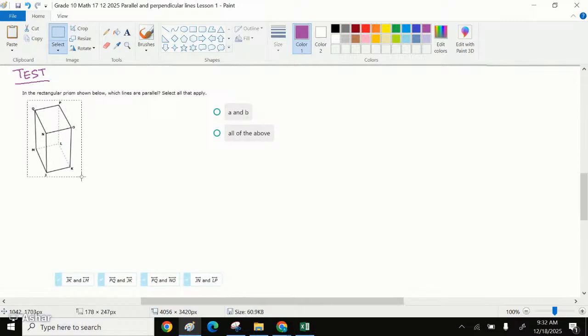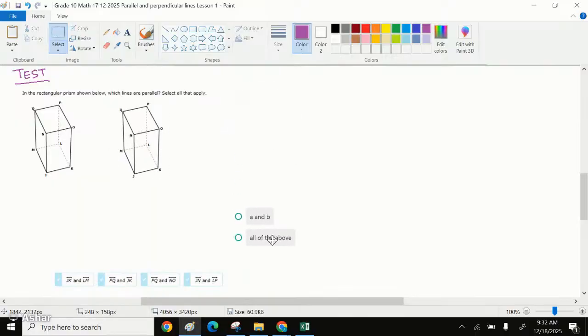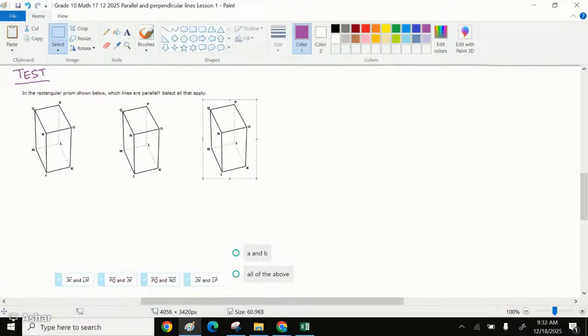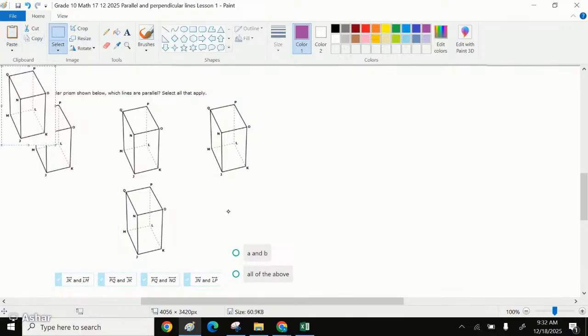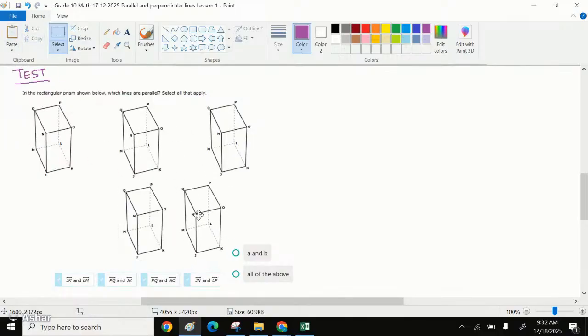If this is the main diagram given to us, let's try to make some copies of it so that we can reuse it. Okay, 1, 2, 3, and sorry, 4. Okay, these are the 4 options we have.